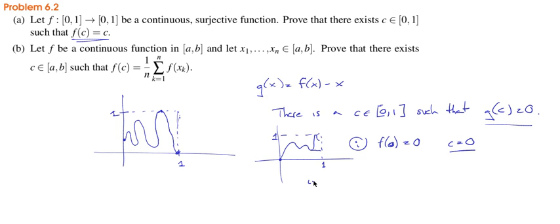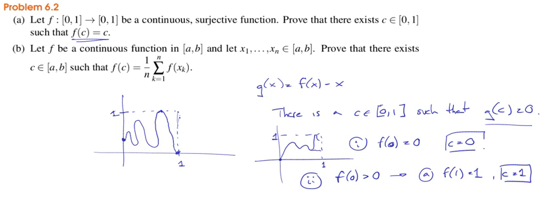Now, for the second case, we have that f of 0 has to be greater than 0. So our function starts something like this. And now we have two possible outcomes. Either, let's call it A, f of 1 is 1, and then we're done, then c is 1.